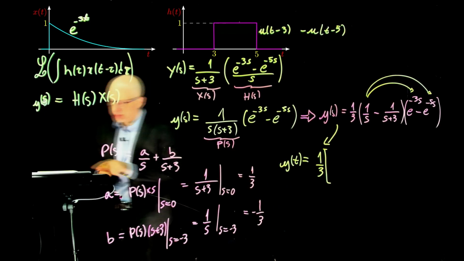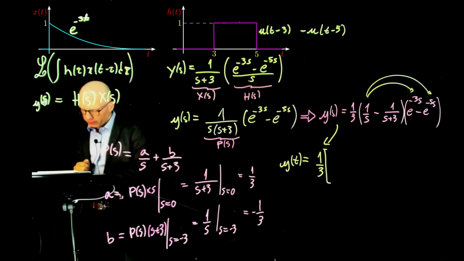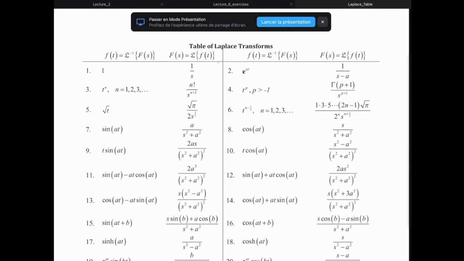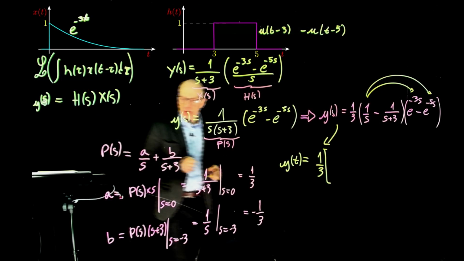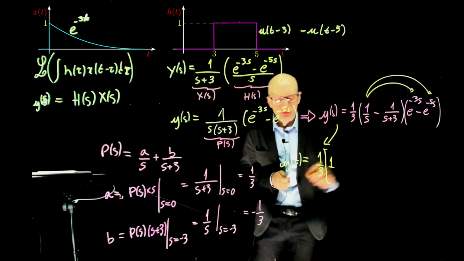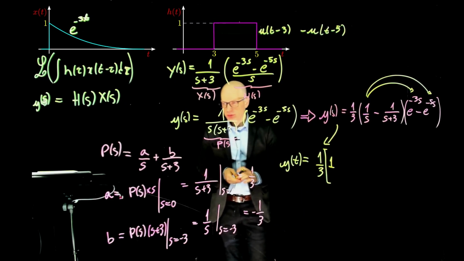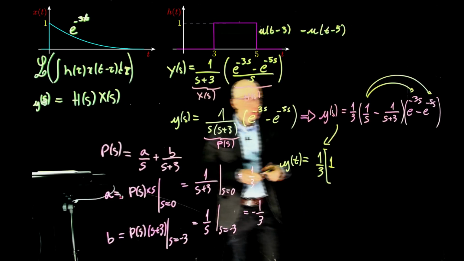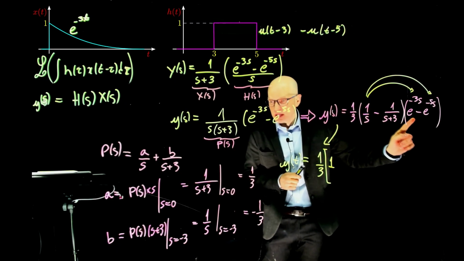The inverse Laplace transform. Let's go to the table. That is number 1. That's a step function. We're now in the frequency domain with 1/s. So when we go back to the time domain, this becomes 1, or becomes the step function, delayed by 3 seconds because of this time shift here.